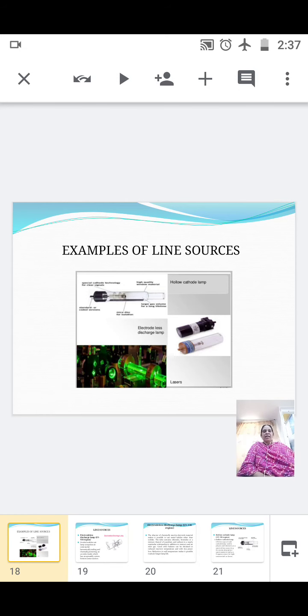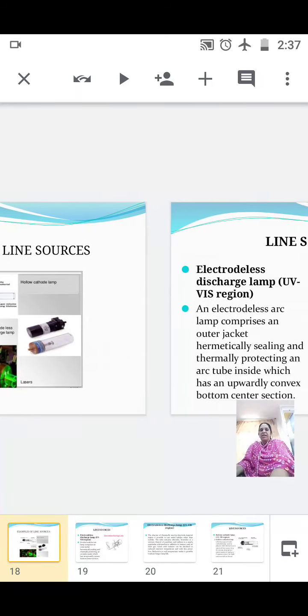These are the figures for some of the types of line sources: electrodeless discharge lamps, lasers, and hollow cathode lamps.